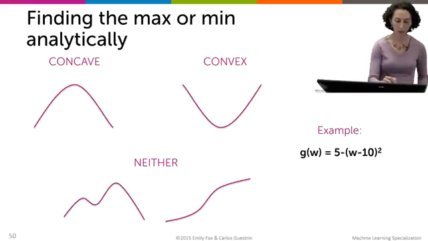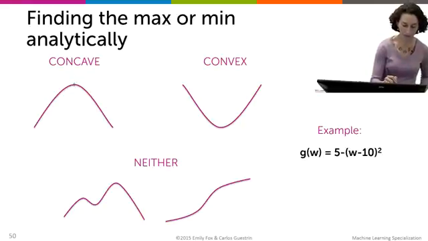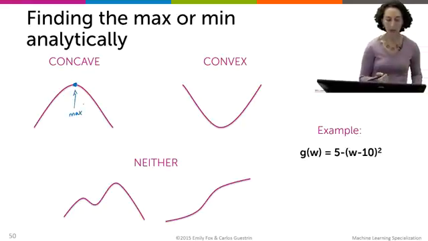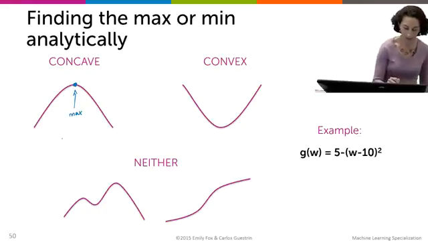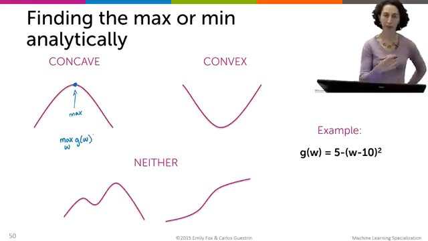So let's look at what is the maximum of this concave function. Well, that's just this point right here. So that is the maximum. And here, what I'm saying is our goal is max over all w of g of w, in terms of the notation that we introduced a little bit earlier.